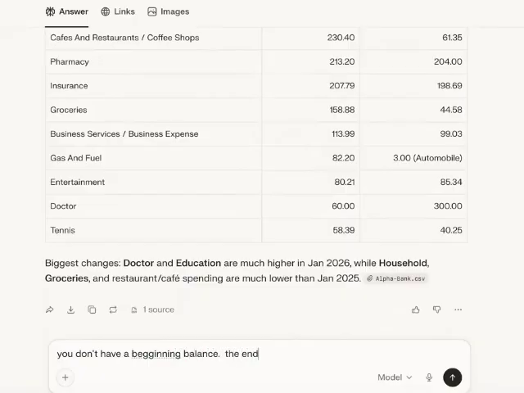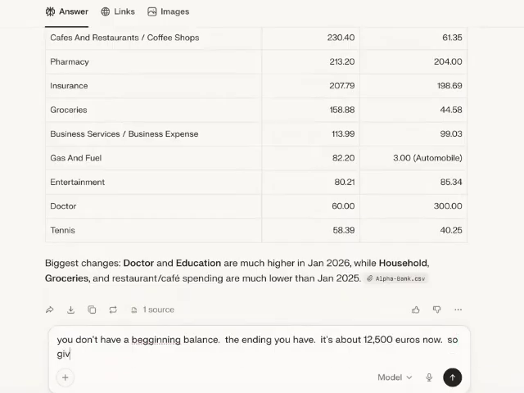The ending balance you have, I'd have to go look exactly in my bank. It's about 12,000 euros, 12,500 euros. Now, so give me a cash flow analysis.